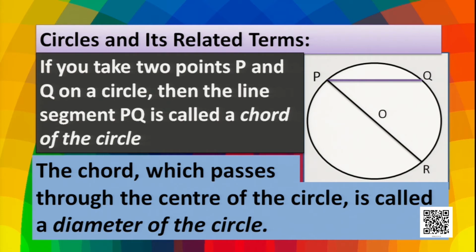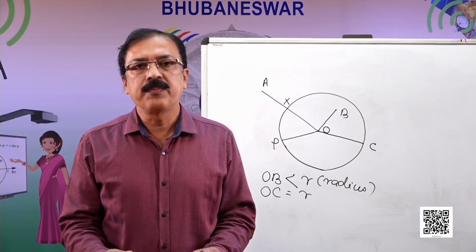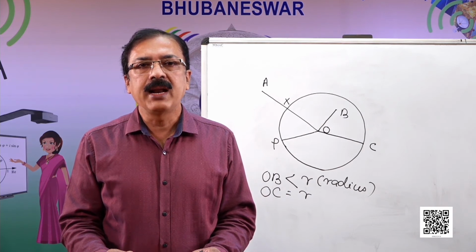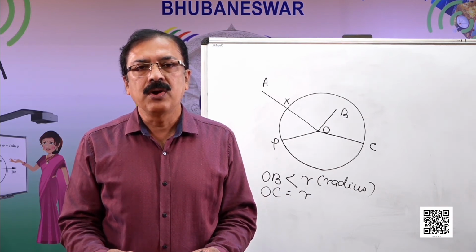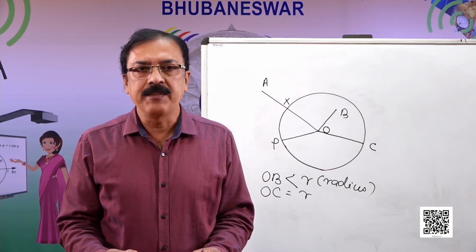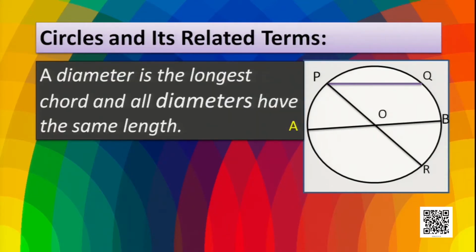Then how many diameters can be drawn? That means the number of chords drawn through the center. As you know, we can draw infinite number of lines through a given point. So we have infinitely many diameters. And see, a diameter is the longest chord.